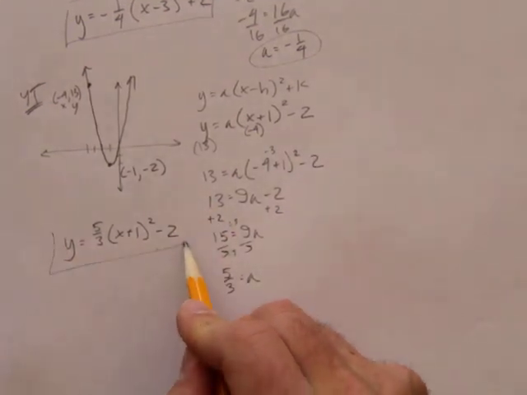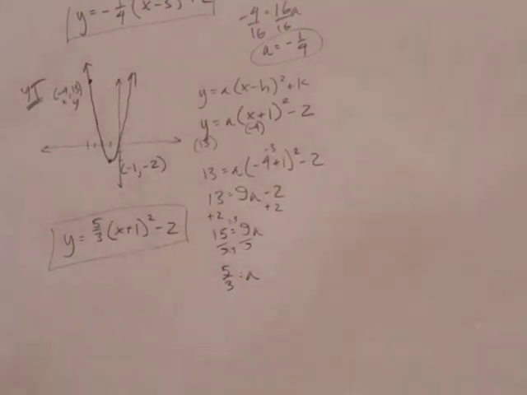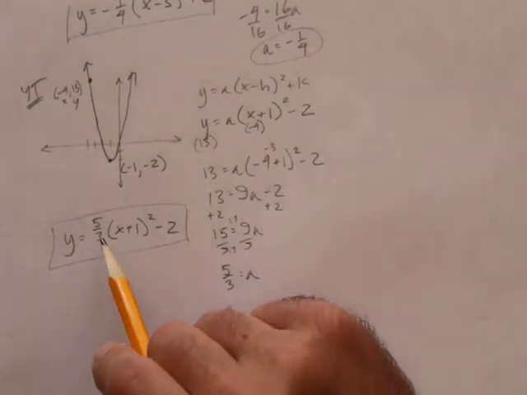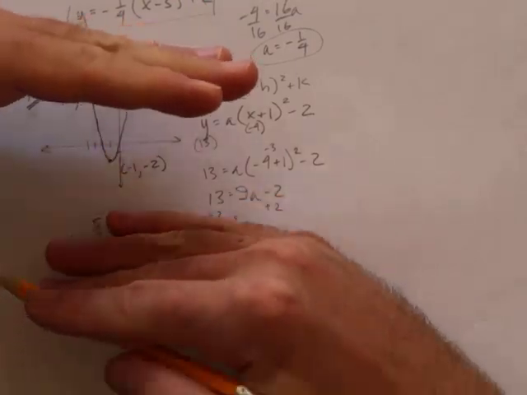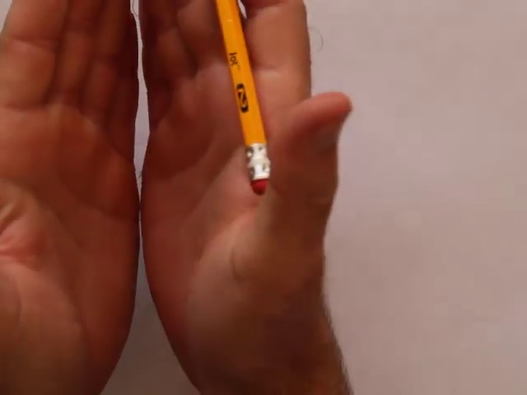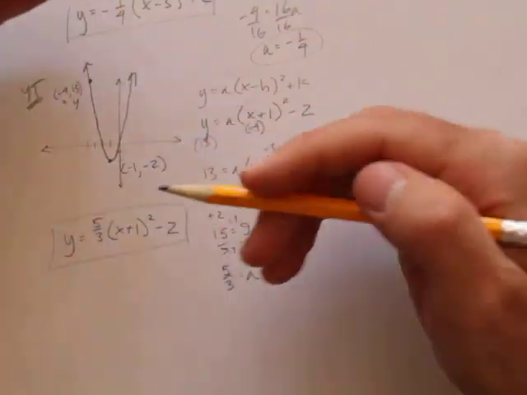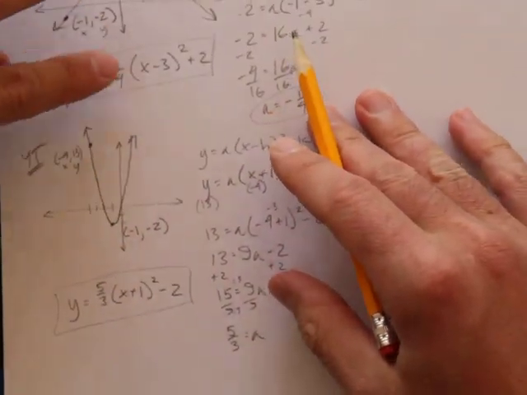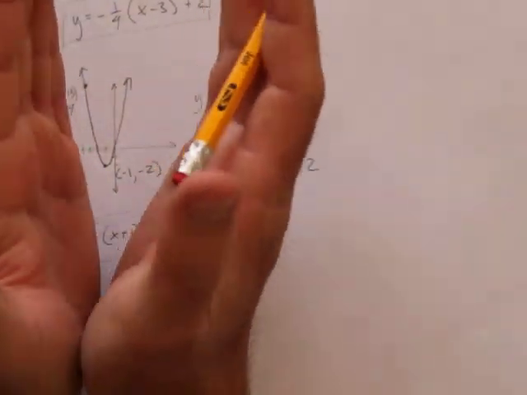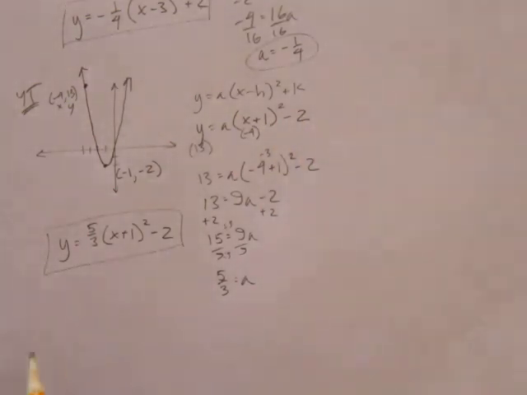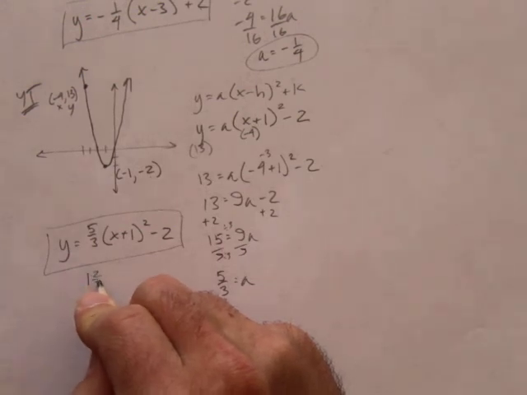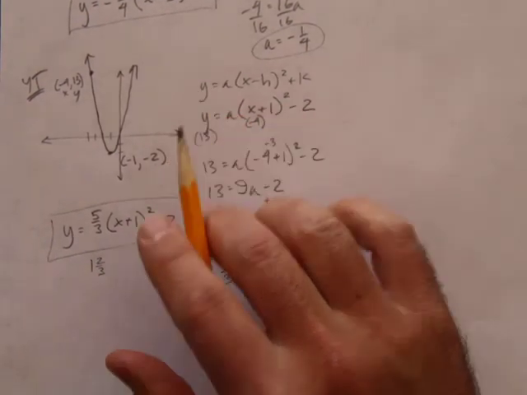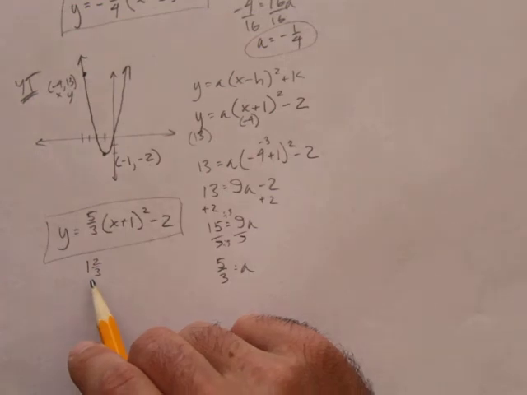Now, if you got that, you got the right answer. But wait a second, Mr. V. You said if there's a fraction, this would be flattened this way, not squished in this way, right? It's not flattened the way that a fraction does. It's squished this way. Now, you might know the answer, and that is because 5/3 is really 1 2/3. 1 2/3 is a fraction greater than 1.